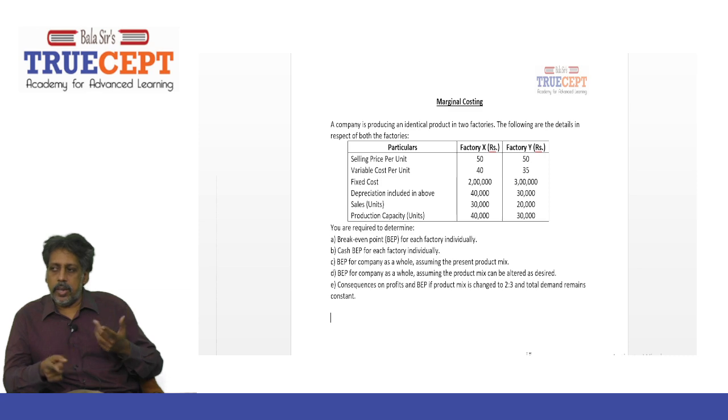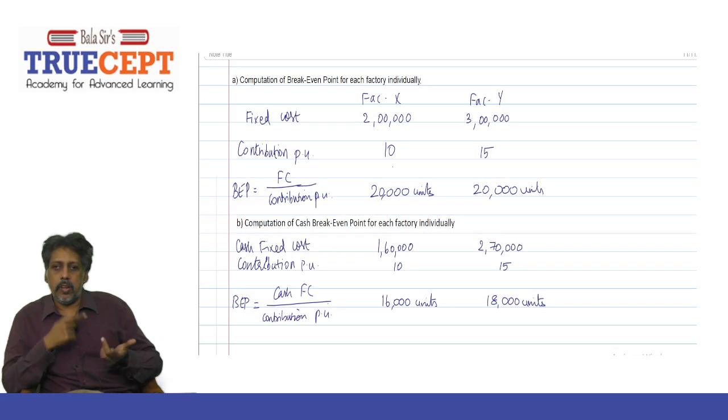Now, let's go ahead and take on the solution. Yes. So, computation of break-even point for each factory individually. The fixed cost for factory X is 2 lakh given and factory Y 3 lakh given. Next. The contribution per unit is for factory X it is 10 and factory Y it is 15. Which is nothing but 50 rupees minus 40 rupees, 10 rupees. And for factory Y, 50 minus 35, 15 rupees.